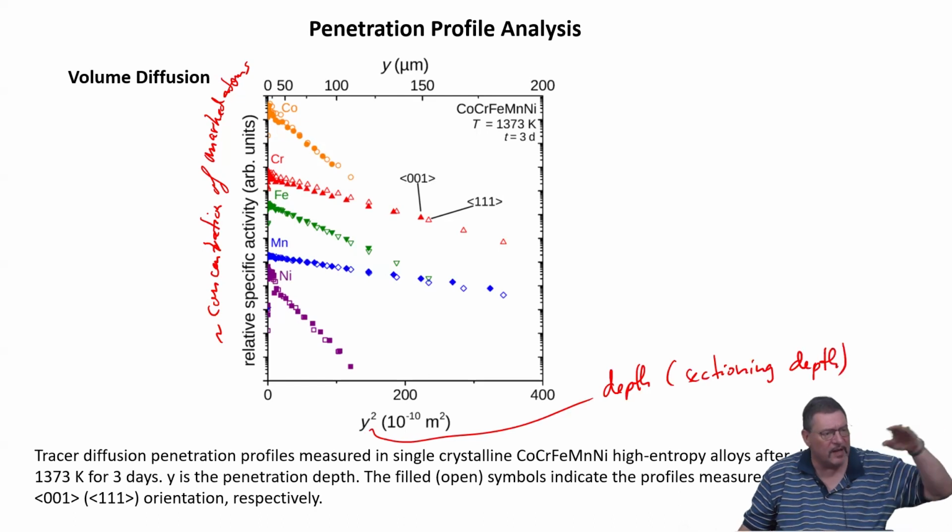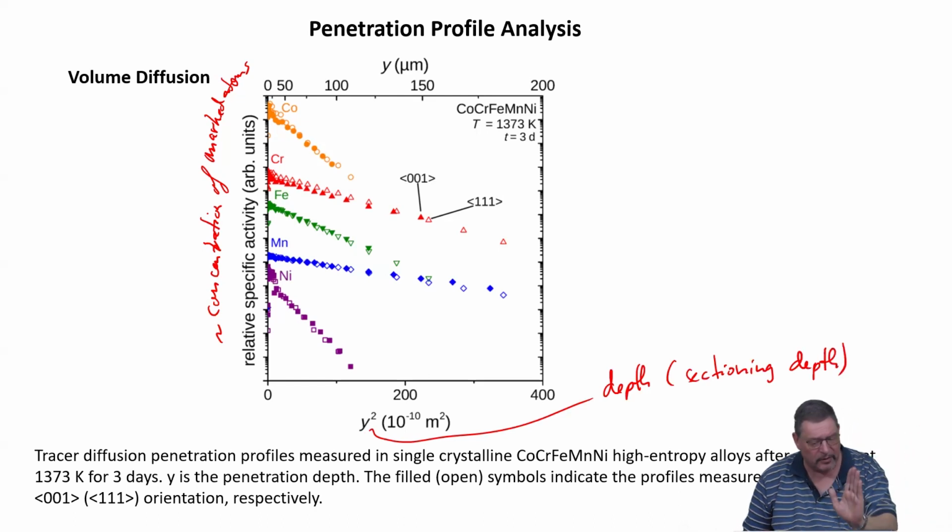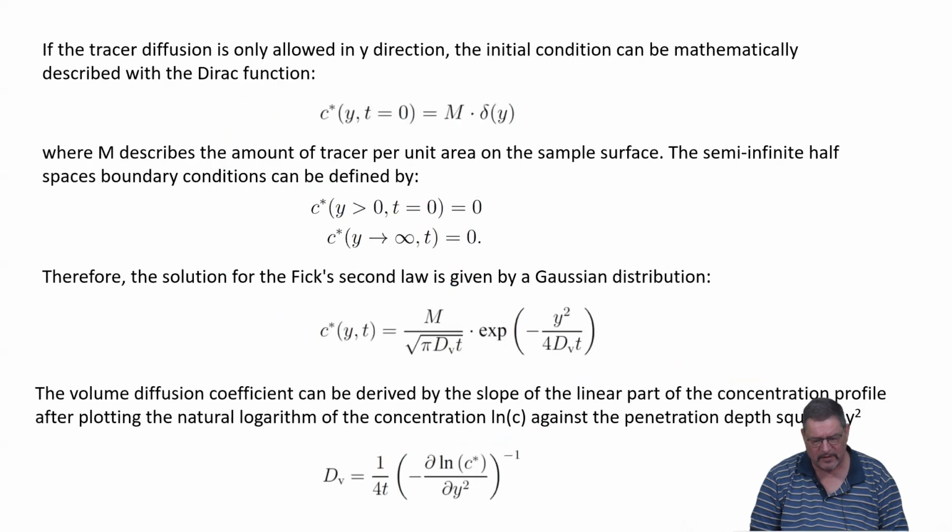Right, so we do the slicing, and if we go further into the material, y becomes larger on a linear scale. We plot it here on a quadratic scale, against the penetration depth squared, because we assume that this is just following the typical Gaussian solution for the diffusion problem because of the specific way we conduct the experiment, that we apply a thin layer of tracer solution.